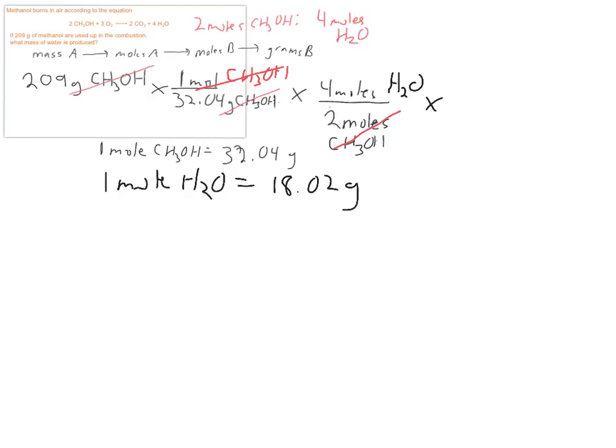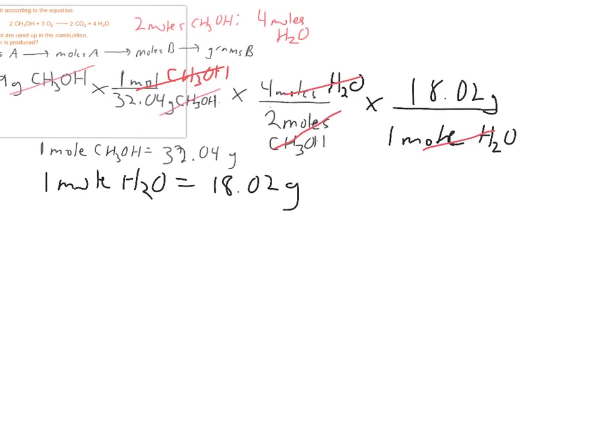Again, getting our units to cancel, 1 mole of H2O, water, goes in the denominator on the bottom, and then that weighs 18.02 grams. Okay. And we're left with grams of water. So grams of H2O, that's what the question is asking us to solve for.